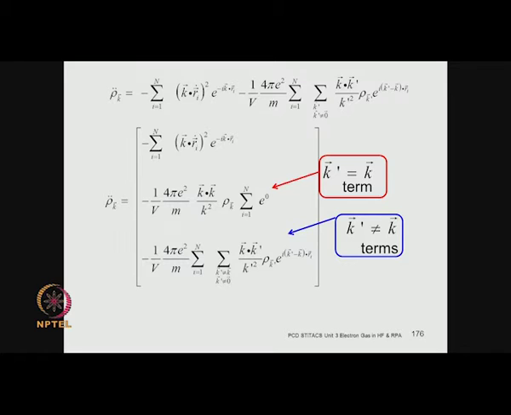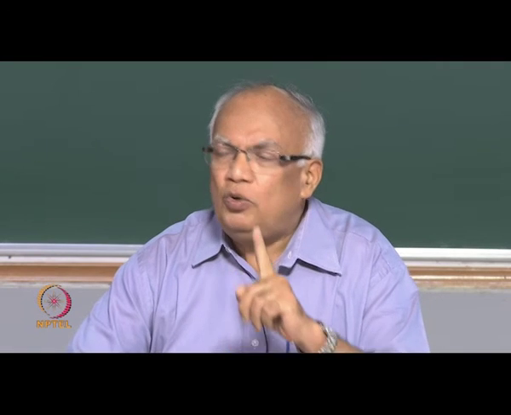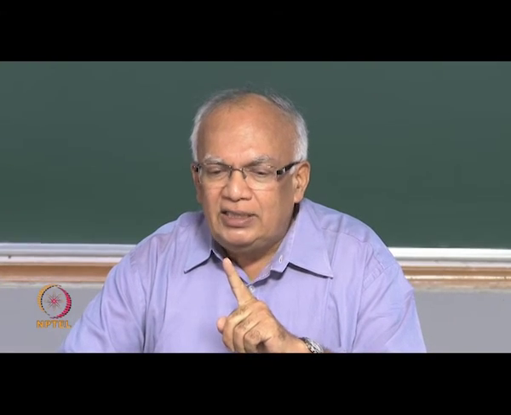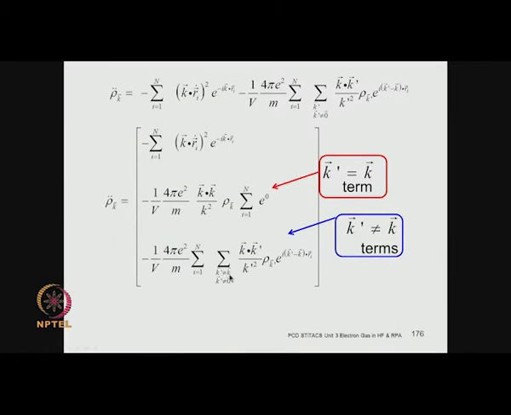So that is the term I separate out. So there are only these two terms in the equation in the first row over here, but the summation over k prime is written with one of the terms, the term corresponding to k prime equal to k separately, and the other terms in which k prime is not equal to k. In both cases k prime is not equal to 0. So this is the term corresponding to k prime equal to k, and this is the term corresponding to k prime not equal to k.